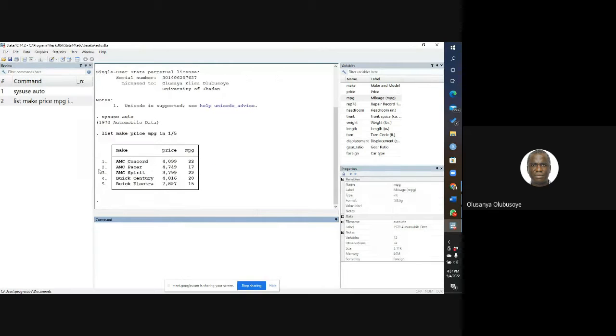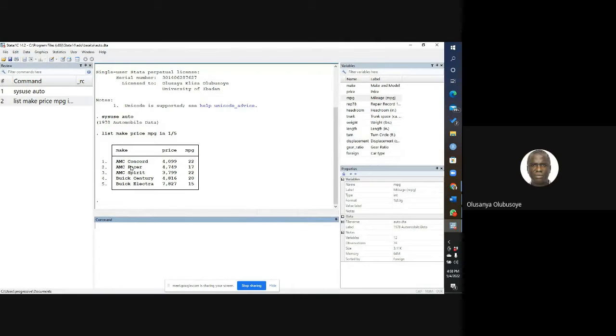So this is the first 5 observations for the first 3 variables: make, price, MPG. So make is not measured on a continuous scale. It's a string variable.